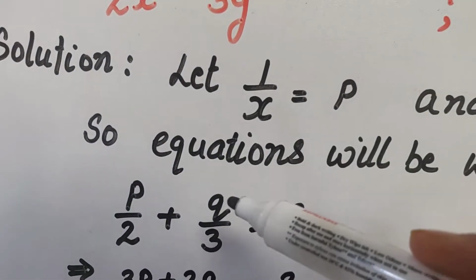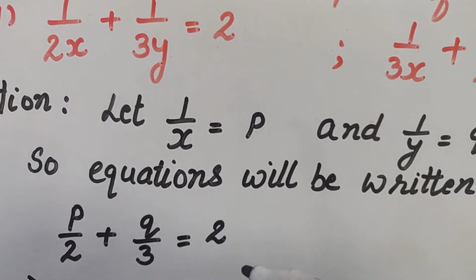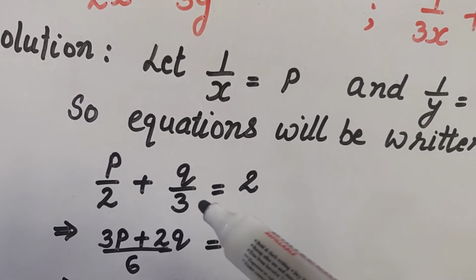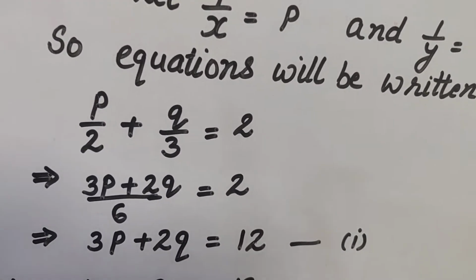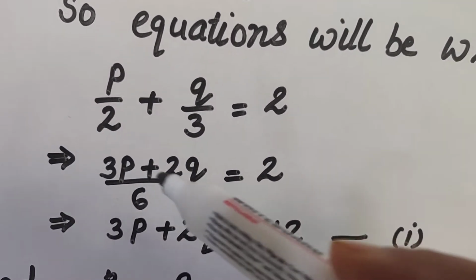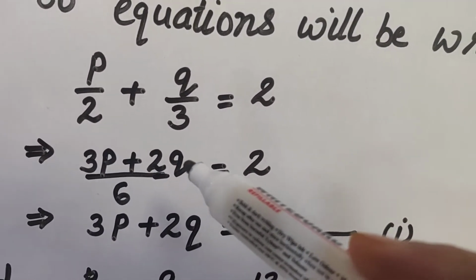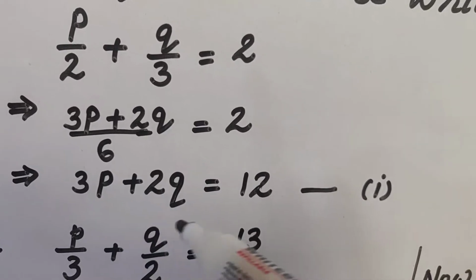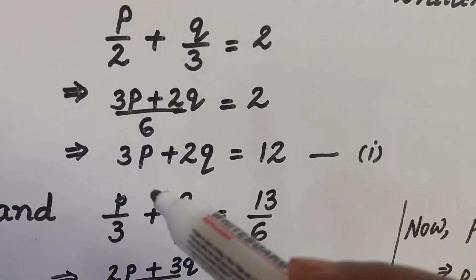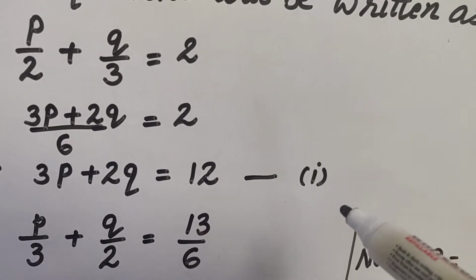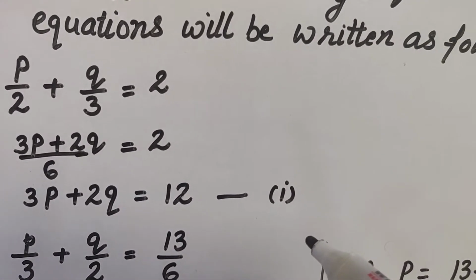This will become q upon 3 is equal to 2. Now, the variables are in the numerator. Now, we'll bring it into simpler form. I've taken the LCM 6 and then 3p plus 2q is equal to 2. And finally, I've got this equation 3p plus 2q is equal to 12. This I have written as equation number 1.